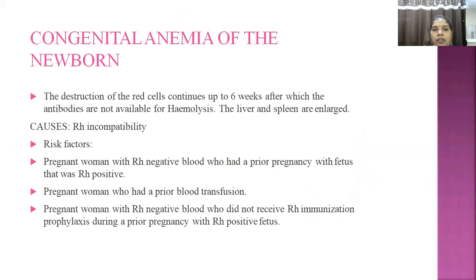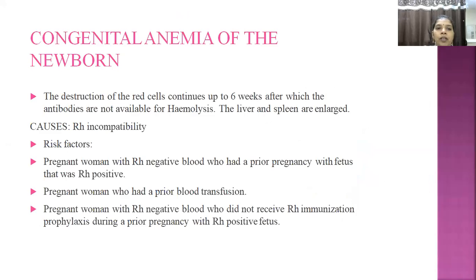The third category in the spectrum is congenital anemia of the newborn. This is the less severe form. The destruction of the red cells continues up to 6 weeks, because IgG antibodies, which cross the placenta from the maternal blood, enter the fetal circulation.